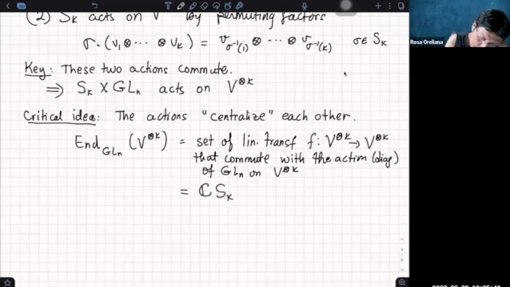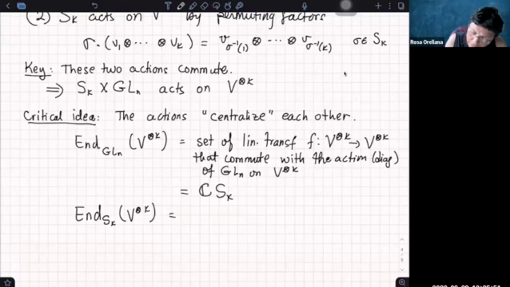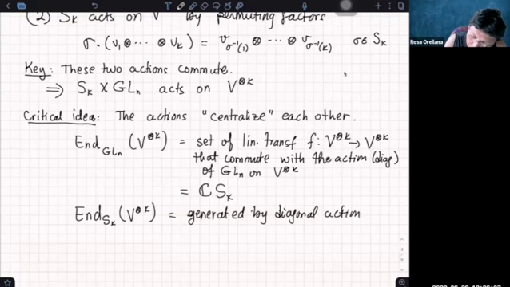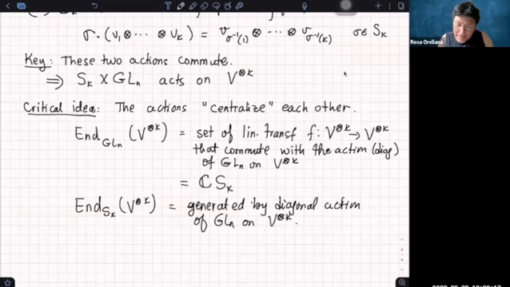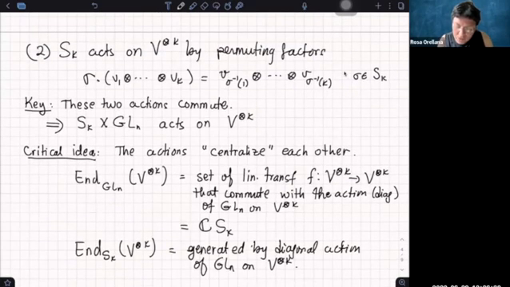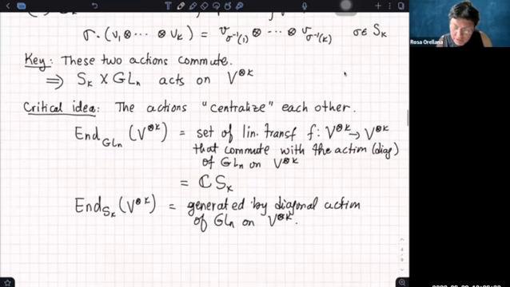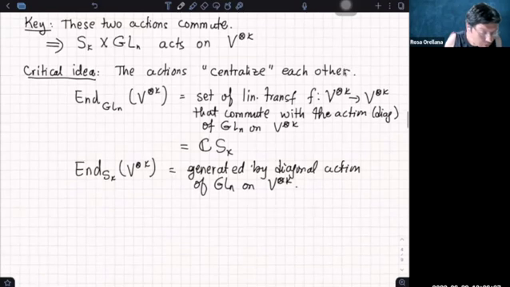Similarly, if you want to look at what commutes with the action of SK on V tensor K, this is the group algebra of the general linear group, or often what people say is generated by the diagonal action of GLN on V tensor K. So this idea that that's all that commutes, nothing else commutes, is the critical idea that one uses in the proof.